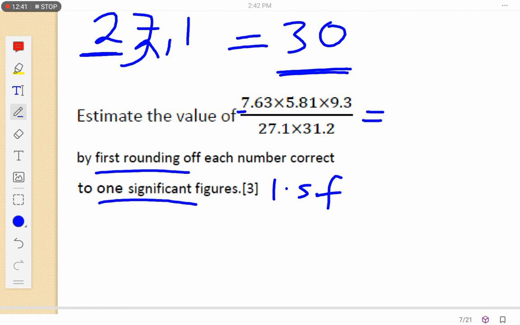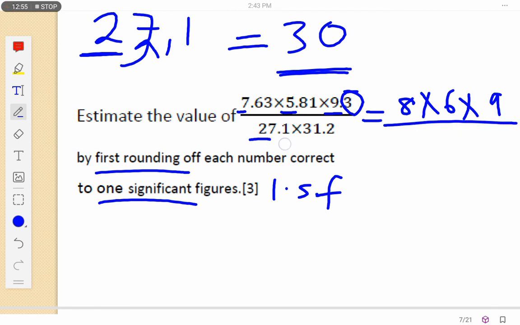I look at 7, the next number is 6, so I can have an 8 there, times 5 point, the next number is 8, so I can have a 6 there, times this one, I've got a 3 here, so I'm rounding down, so I can have a 9, over 27.1, this is 1 there, I can round down, so I have 27, times 31 over 31.2, this is small, so I can have 31 there. So this is what I have at the end of the day.